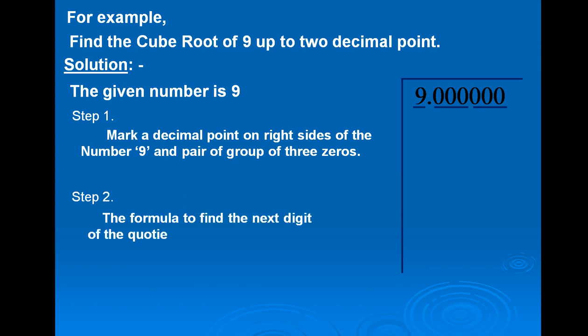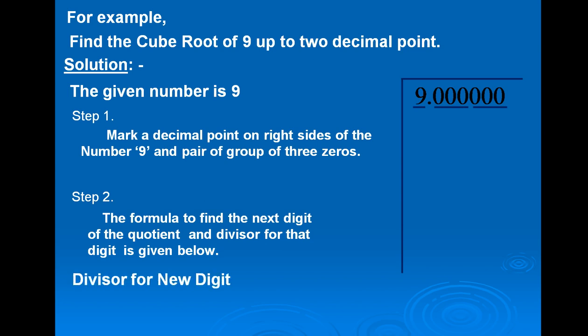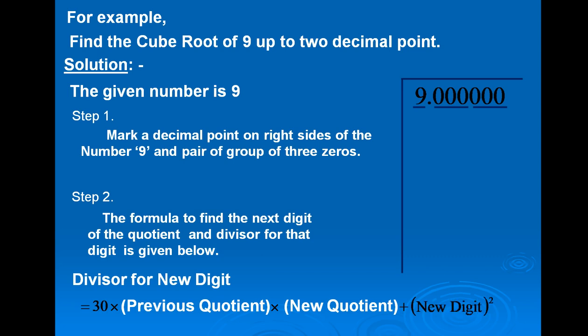Now step 2: the formula to find the next digit of the quotient and the divisor for that digit is given below. Divisor for new digit is equal to 30 multiplied by previous quotient, multiplied by new quotient, plus square of new digit.